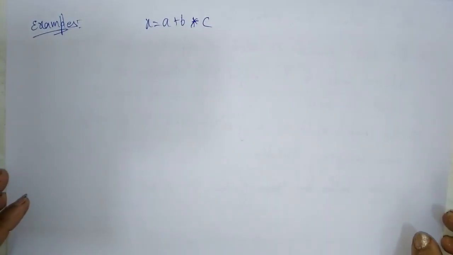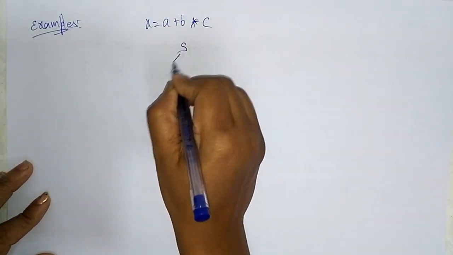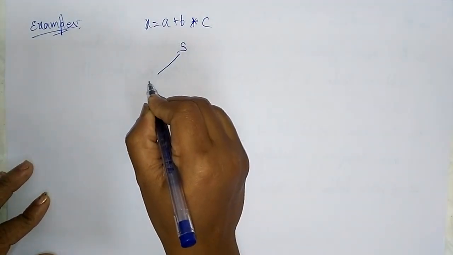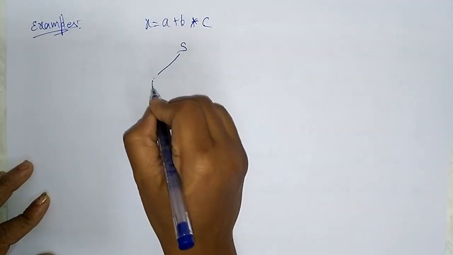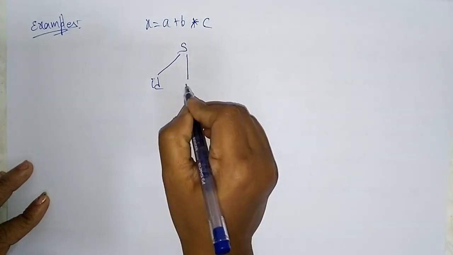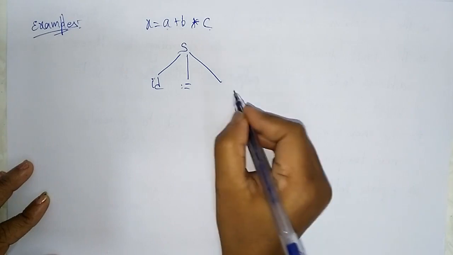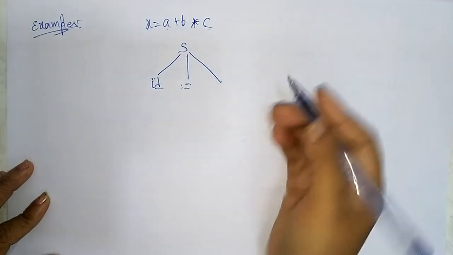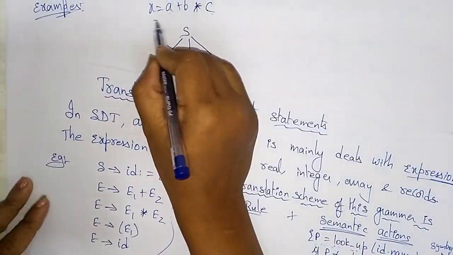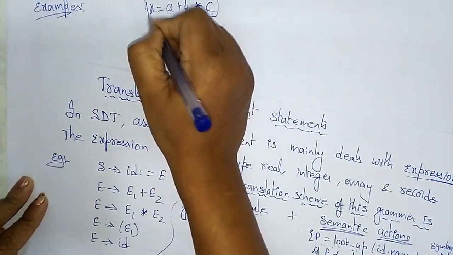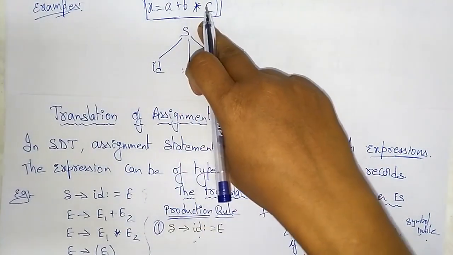This is the expression I have taken, where these are all IDs. With the help of these productions, we have to get this output.